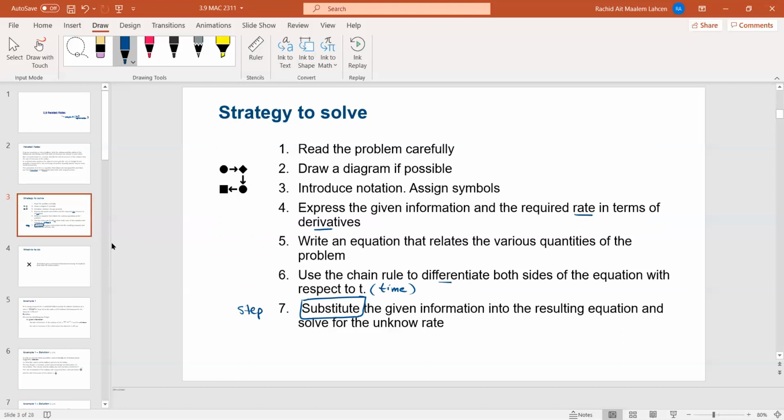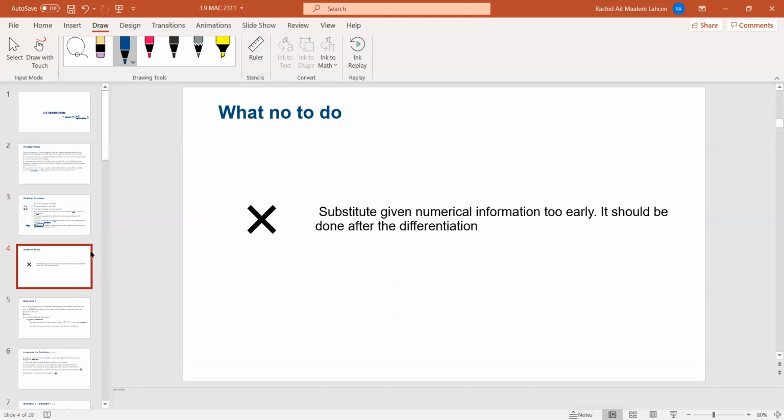Then we substitute the given information into the resulting equation and solve for the unknown rate. These are the steps for the procedure. The takeaway, what not to do, is to substitute the given numerical information too early. It should be done after the differentiation, all right?